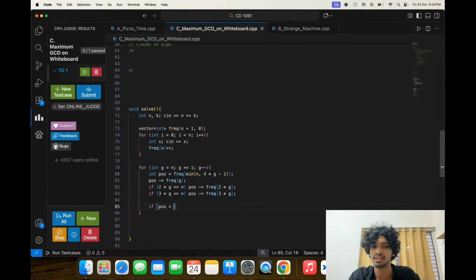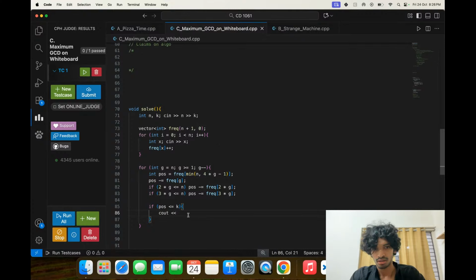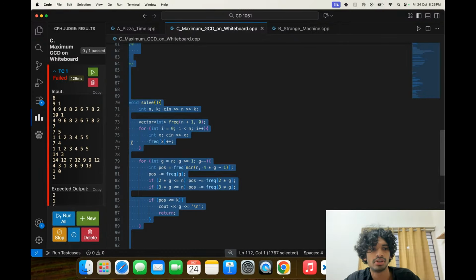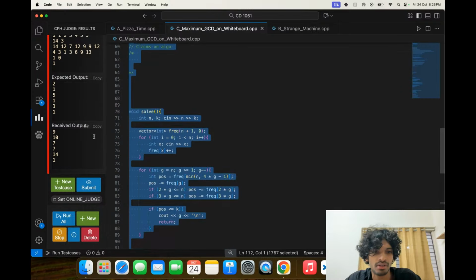Okay, if pos is less than or equals to k, this definitely happens for g equals to 1. Okay, why are you adding that? Pos will become 0, return g. This will definitely happen for g equals to 1. Okay, how is this happening for 9?